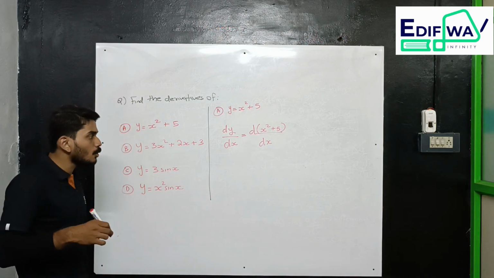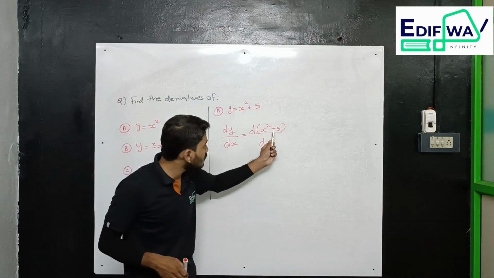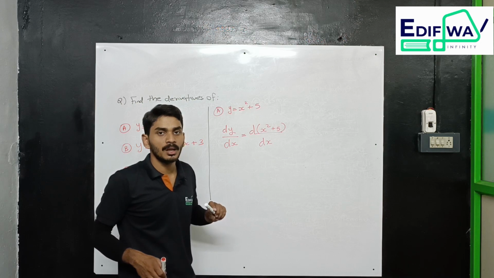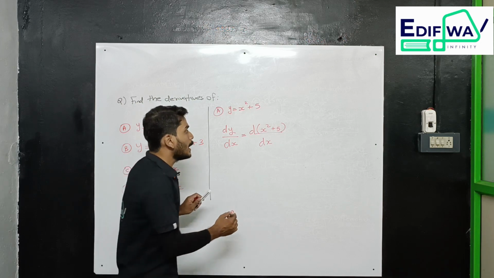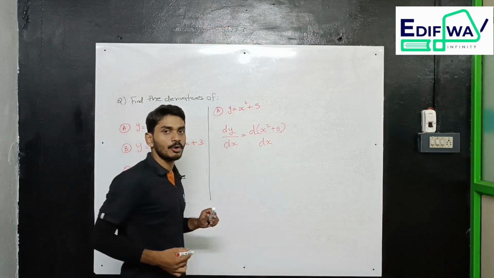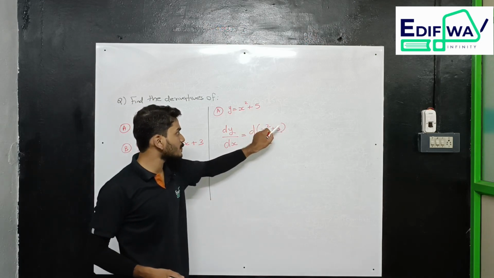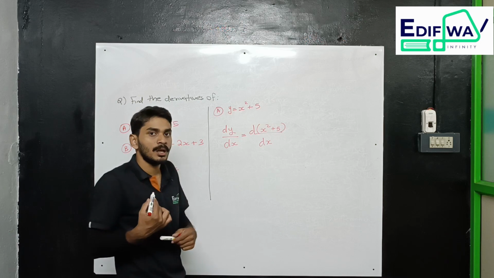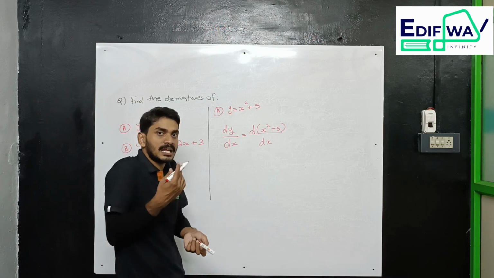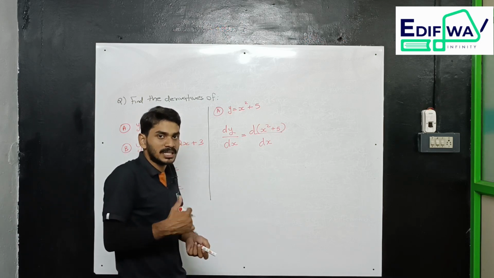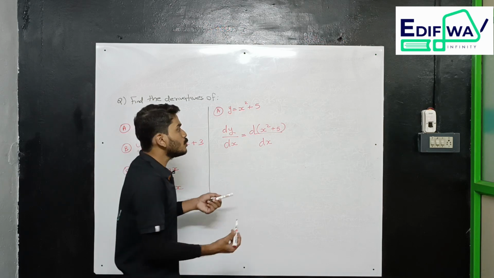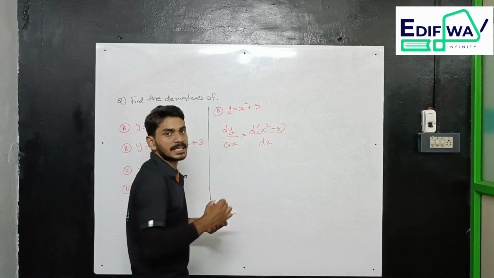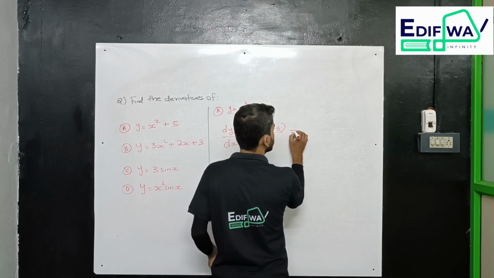Now remember that if you have a plus symbol or a minus symbol in between the terms, here in between x square and 5 you have plus, you can differentiate them separately. So let's differentiate them separately.